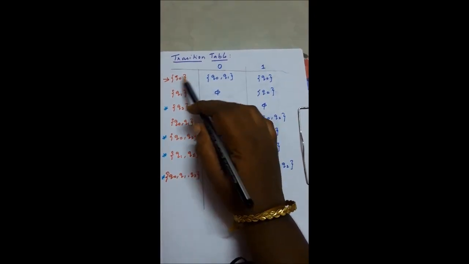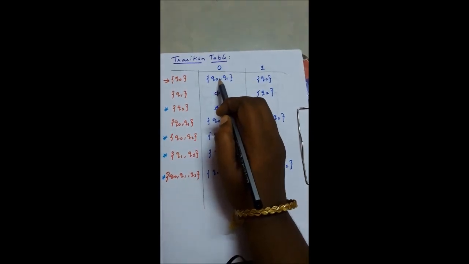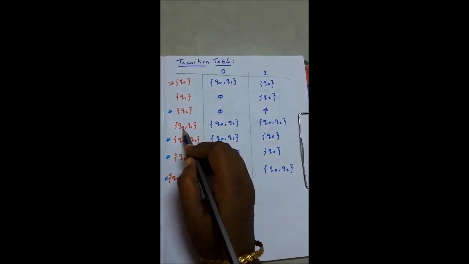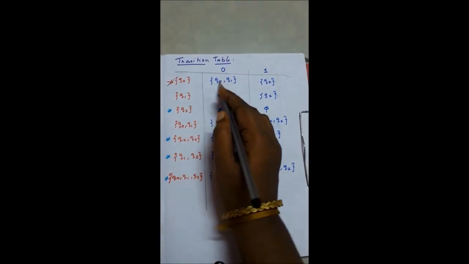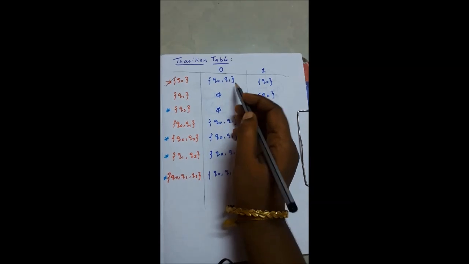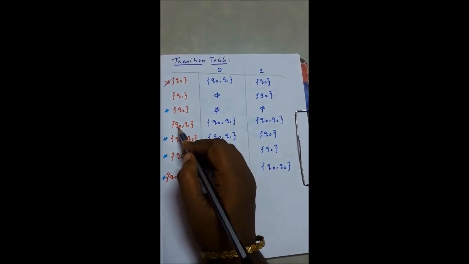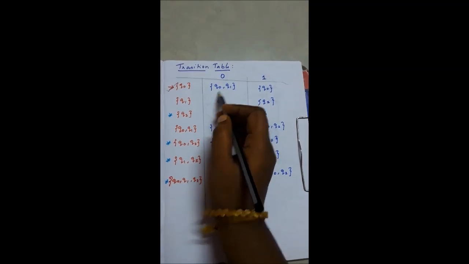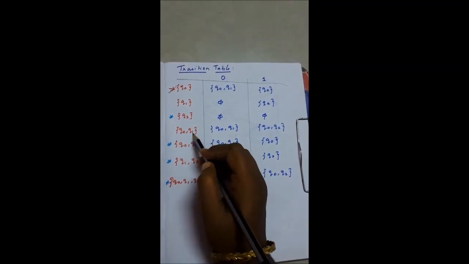So from Q0 we move to the Q0Q1 state, because it is the input here. So we are taking Q0Q1.